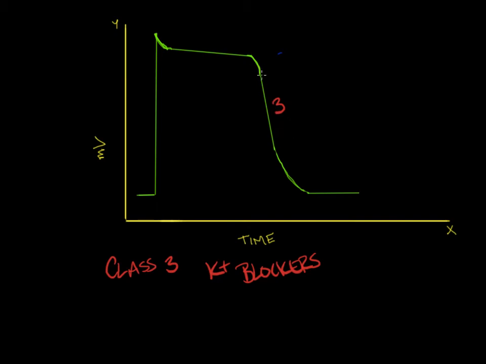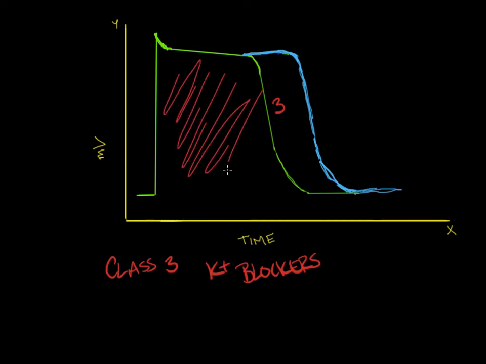So we're going to end up bumping our phase 3 out. So we'll go from here to here, extending our refractory period and again slowing down our heart rate.